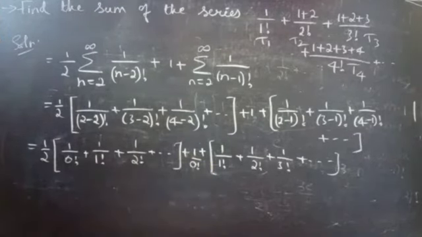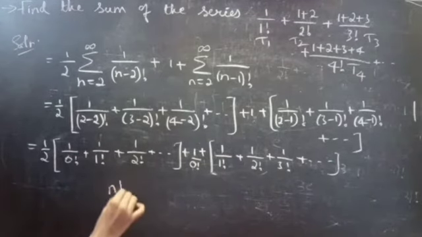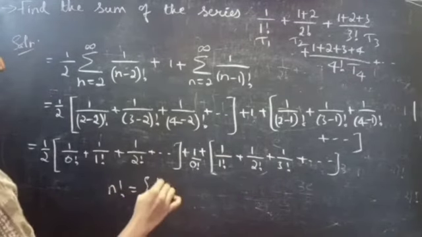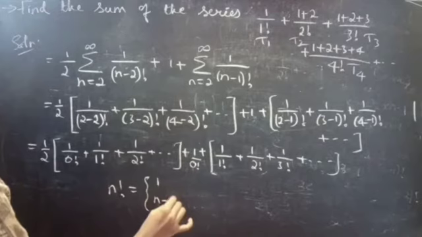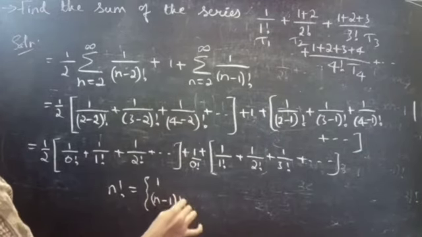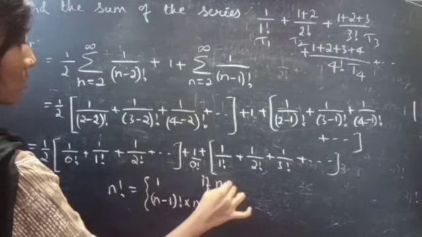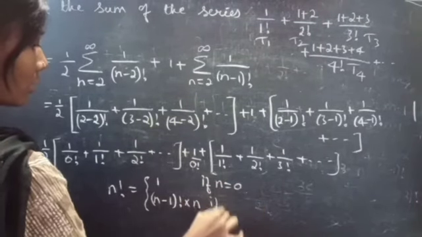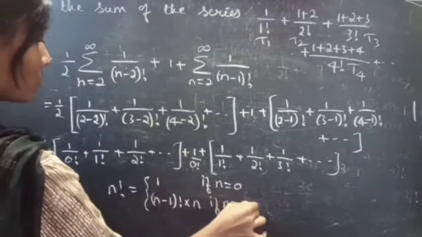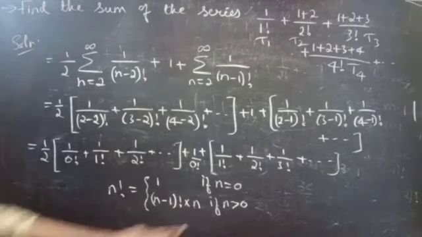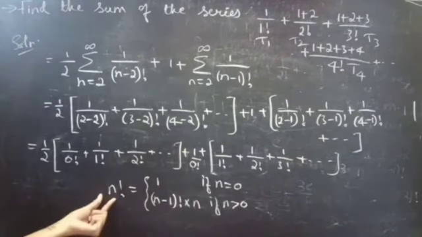Okay, since we have n factorial equals 1 if n equals 0, and (n minus 1) factorial into n if n is greater than 0. See, if n equals 0, 0 factorial is 1.